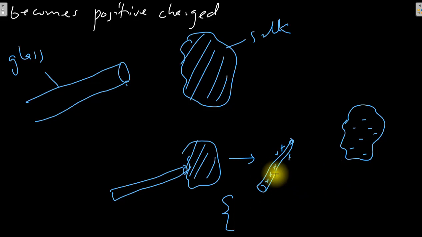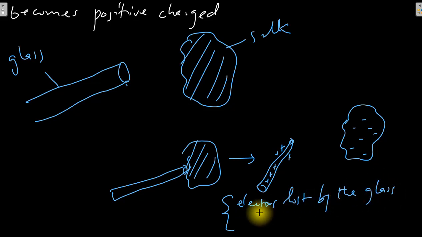It's important to note here that the electrons lost by the glass are acquired by the silk. So once again, the law of conservation of charge is obeyed here, because we have not created any new charge.